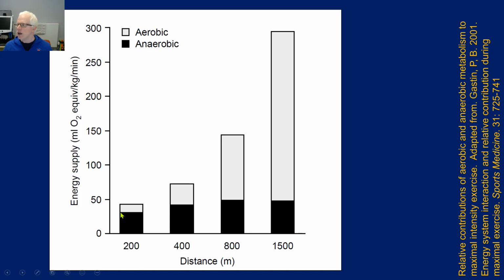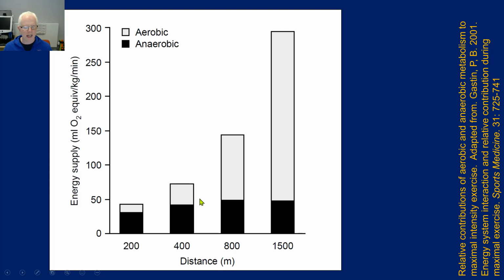Now clearly, a lot of that is about power, how quickly they can get up to the speed that they need to. But they've got to sustain that. So there is an anaerobic contribution going on. If we go to the 400 meters, now this is where it gets quite interesting. The total energy cost is far greater. The total energy cost has gone up from about, let's call it 45, to about 75 mils of O2 per minute.